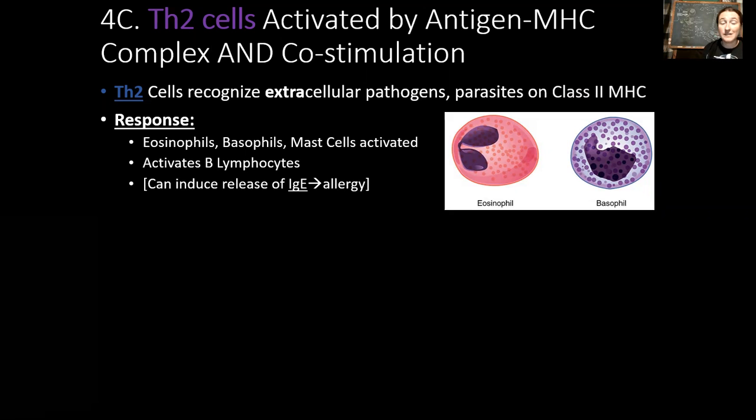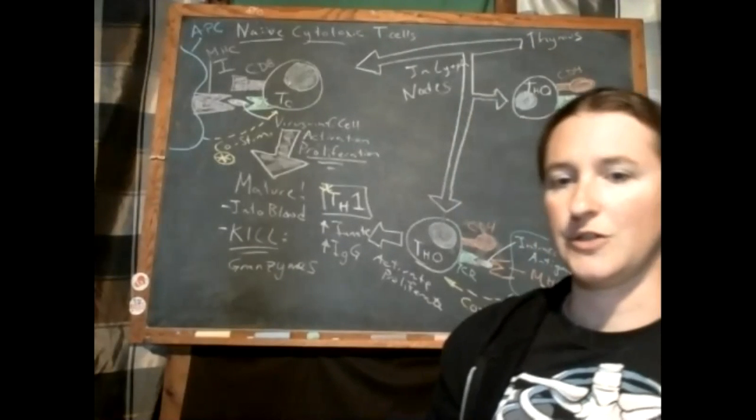We need the T helper cells to activate the rest. Okay. And so essentially the T helper 2 cells in particular are going to enhance the humoral response, right? So the B lymphocytes. So again, let's add this up here to our diagram.